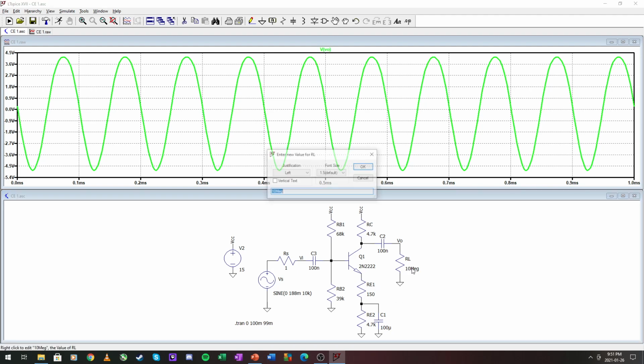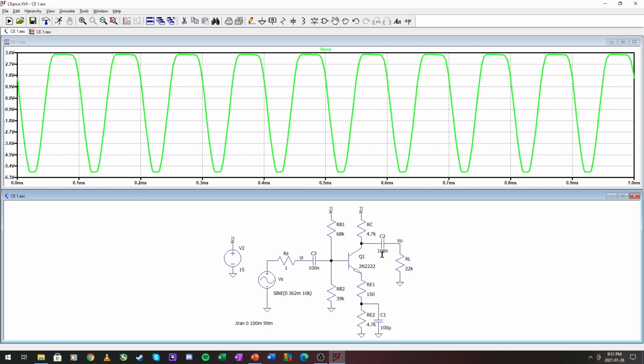Right, so what happens when we put in the load? This was 22 kilo ohms, and with 22 kilo ohms this was 362 milli.